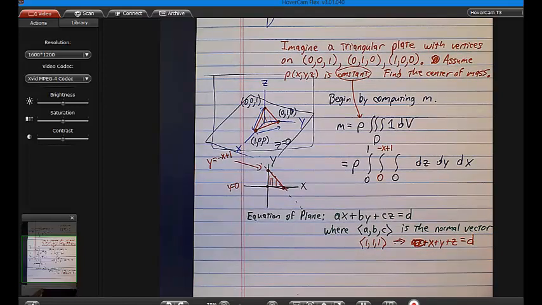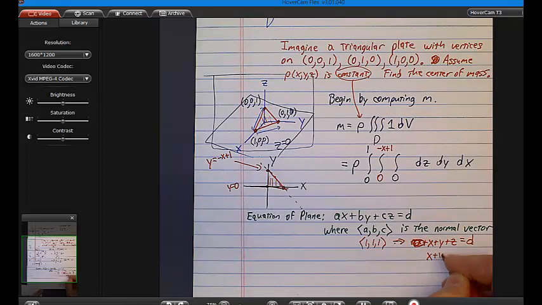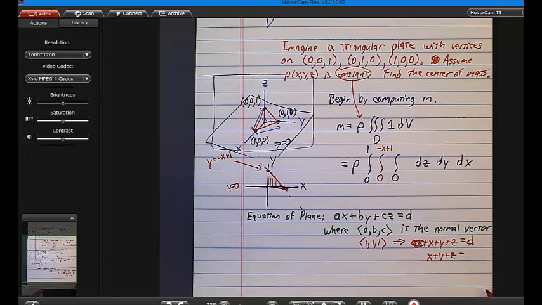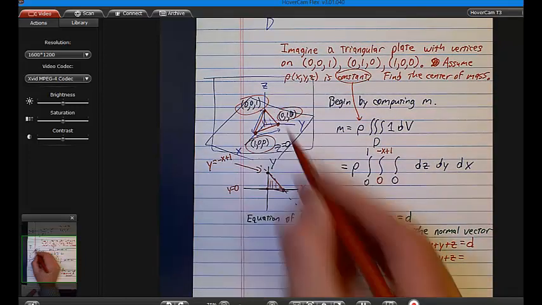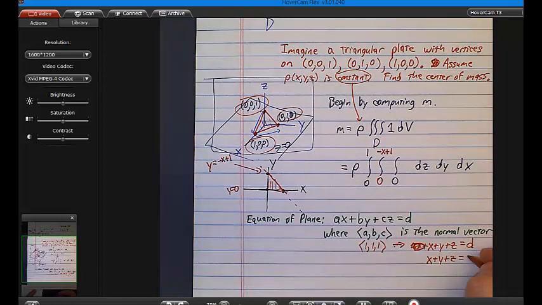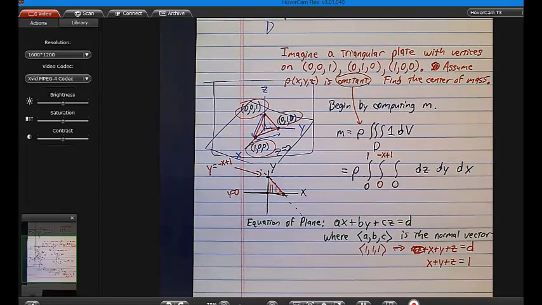Any idea what d should be? Well, look at some of the points that are on the plane. X plus y plus z has to equal what? It has to contain these 3 points, guys. I agree, 1.